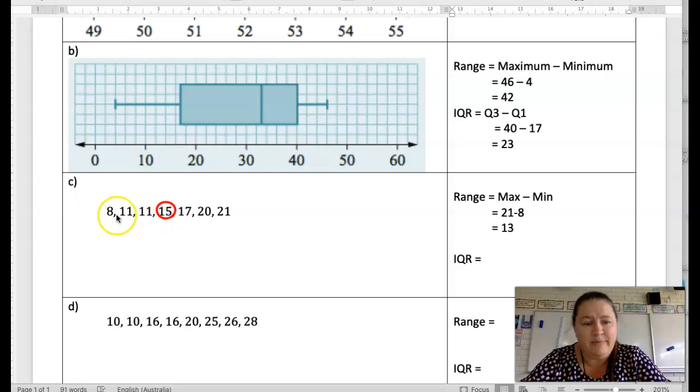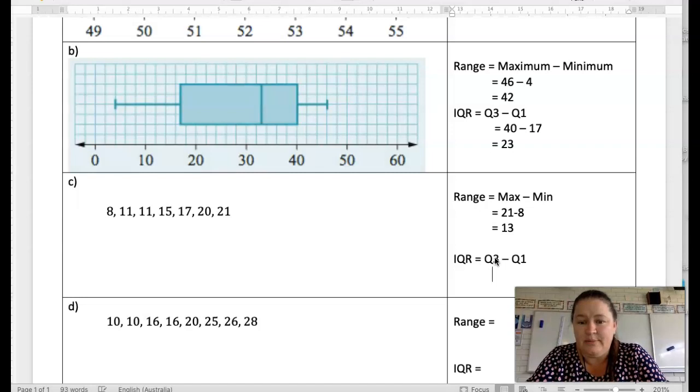We've got 3 below, 3 above, which means that Q1 is pretty easy because it's halfway of the bottom half, and Q3 is pretty easy as well because it's halfway of the top half. So we can easily work out Q3 take Q1, which is 20 take 11, which is 9.